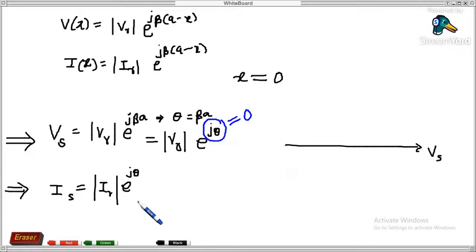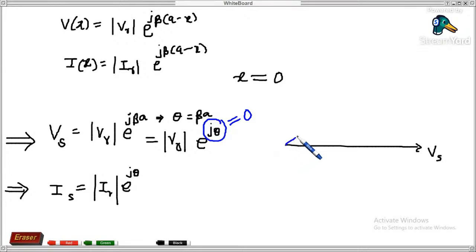Right? What about the current phasor? Its magnitude is IR. What is the angle? Theta. Means Vs and Is are both out of phase, definitely. Correct? By what angle? By angle theta. Getting me?